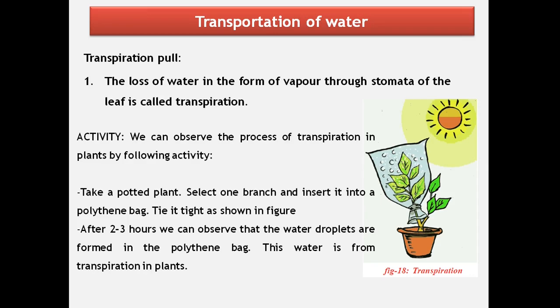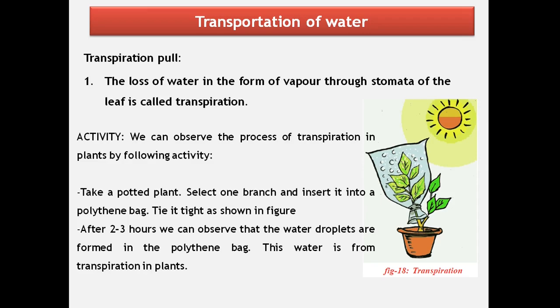We can observe the process of transpiration in plants by the following activity. Take a potted plant, select one branch and insert the branch into a polythene bag and tie it tightly, as shown in the figure.